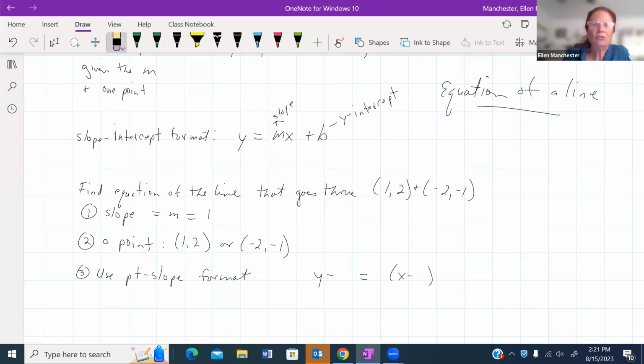Okay, so to use the point slope format, I need a point.